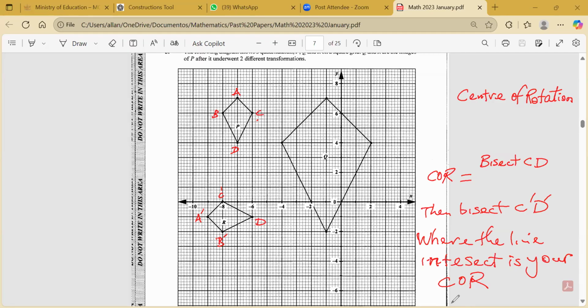but I'm going to use a PowerPoint so that you actually can see it. All right. I know we were doing circles, but I just want you all to finish this.